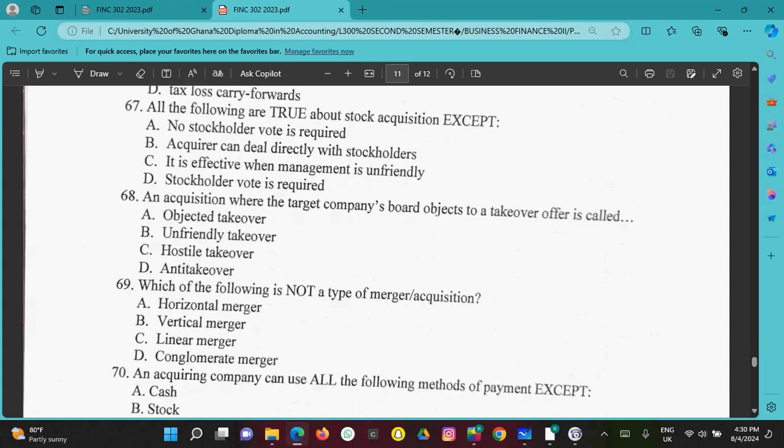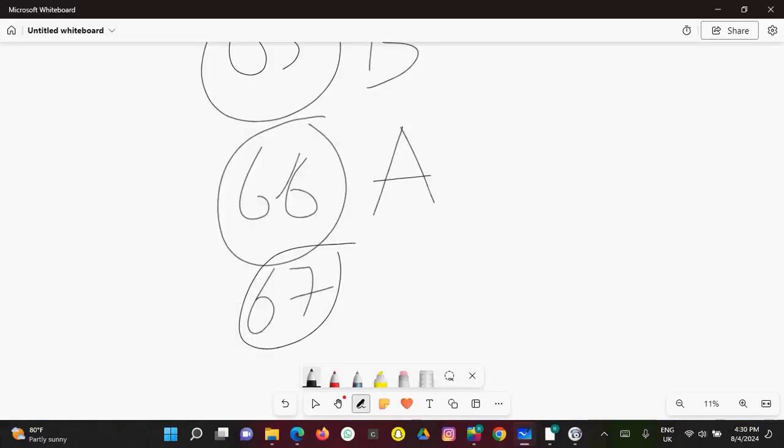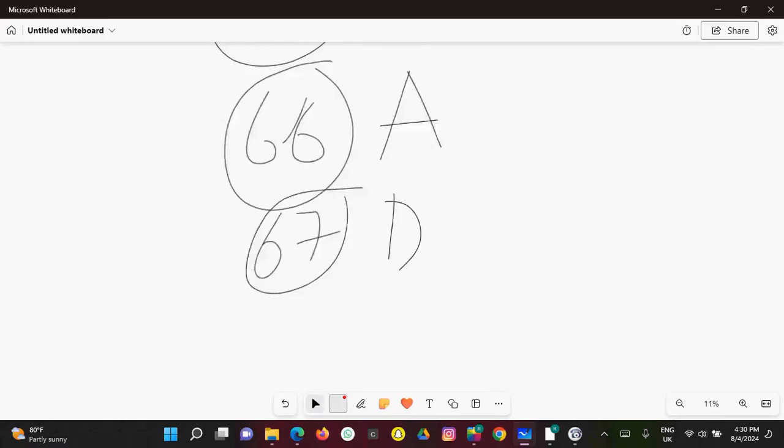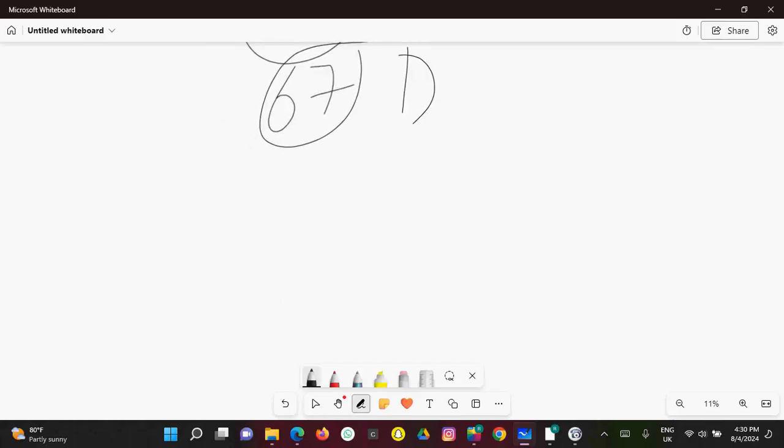All the following are true about stock acquisition, except the stockholder vote is required. No, stockholder vote is not required. So number 67 is T. 68.